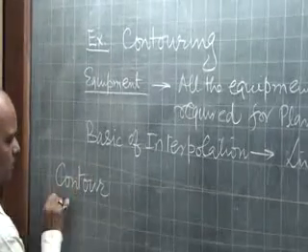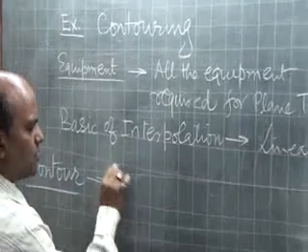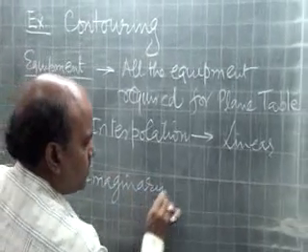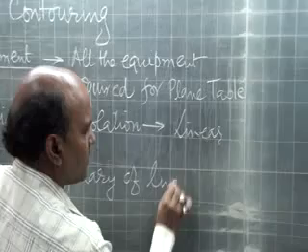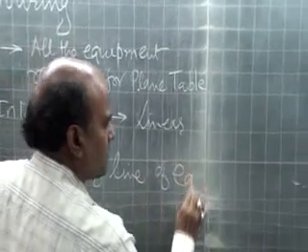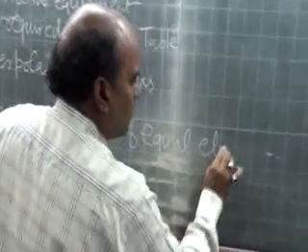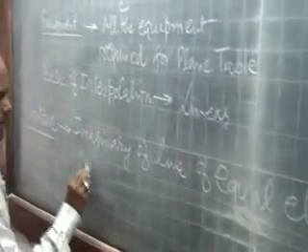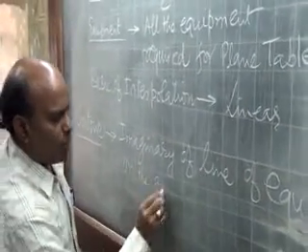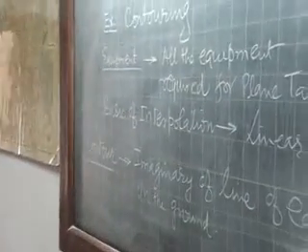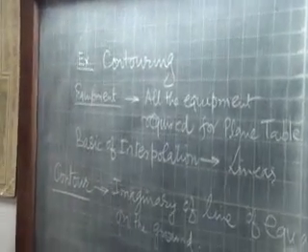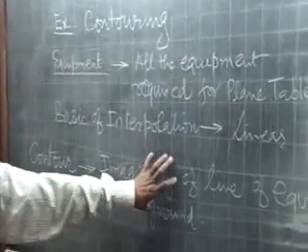So contour is basically imaginary line of equal elevation on the ground. So if I join several points on the ground with equal elevation by a smooth line, that particular line is known as the contour line.